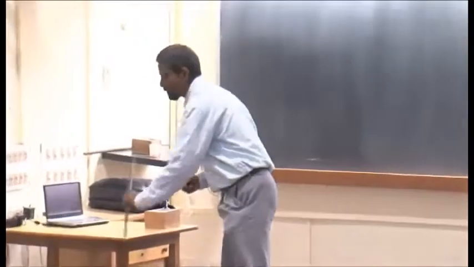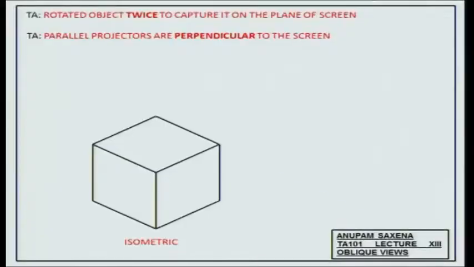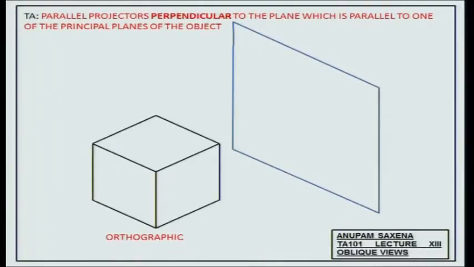So the projectors are still parallel, right? They're all perpendicular to the screen. Orthographic, parallel projectors are perpendicular to the plane which is parallel to one of the principal planes of the object. So this is the view that you would see in case of orthographic projections.